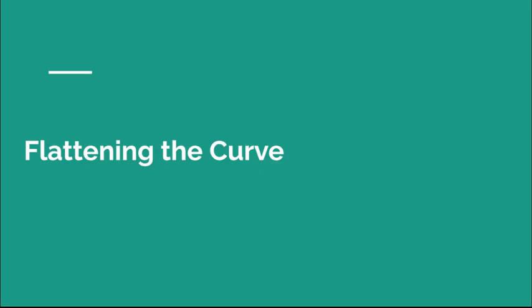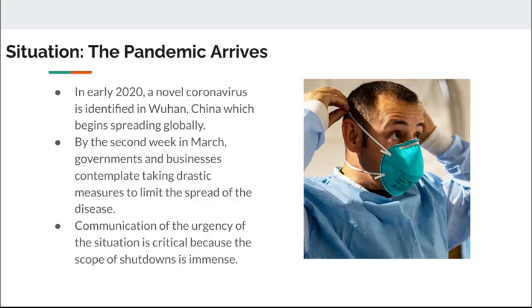The next example is one that we're probably all quite familiar with, flattening the curve. So going back to 2020, if you remember when the novel coronavirus was identified early that year in Wuhan, China, and began spreading globally, by the second week in March, governments and businesses were contemplating taking pretty drastic measures to limit the spread of the disease.